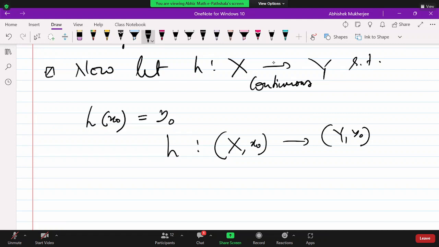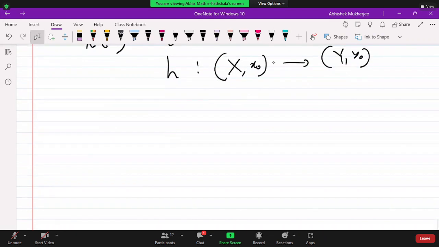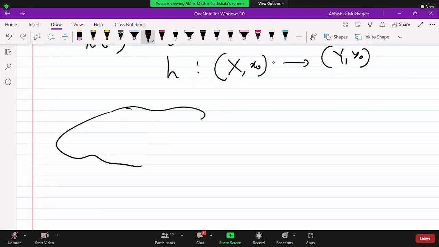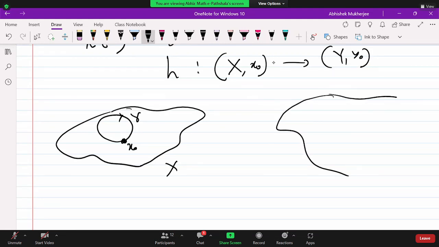Okay. So what would be the map? Suppose you have this X and you are considering this x naught, the base point. Suppose this is a loop here. Let us call it gamma, and then you are going to move towards Y via this h.